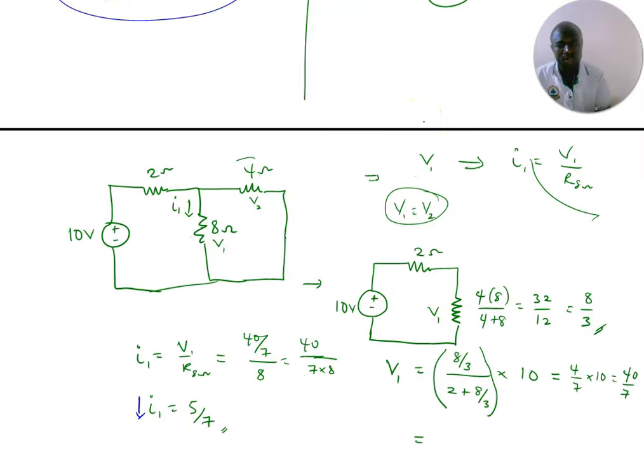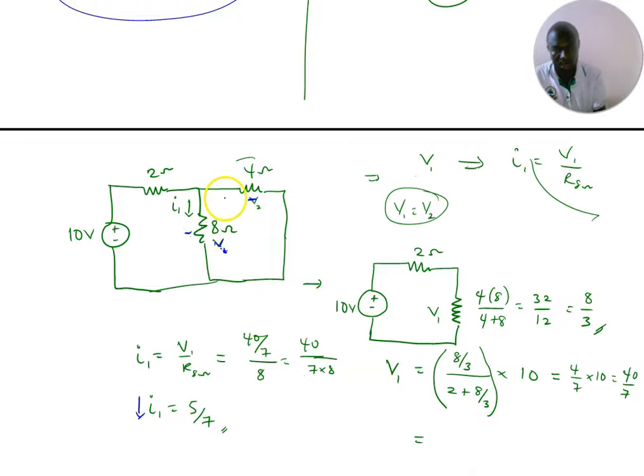Okay, and with this one, please rewind the video and you will understand how I did this. The voltage here is the same. So I can combine it and find the voltage. Once I find the voltage, it's the same as the voltage at this point. So after getting the voltage here, I can apply Ohm's law.